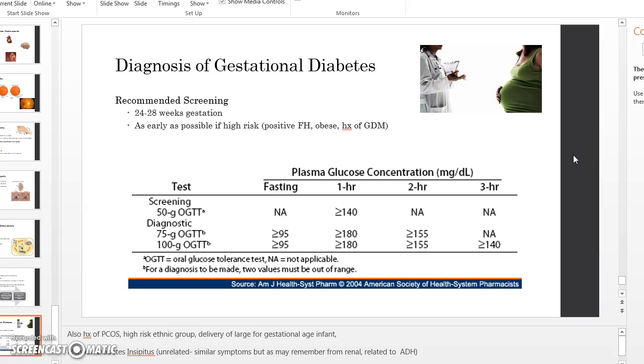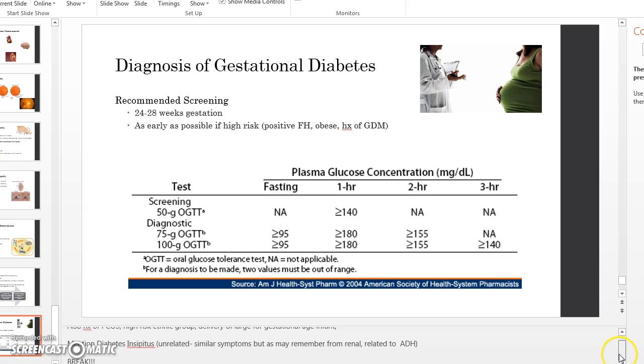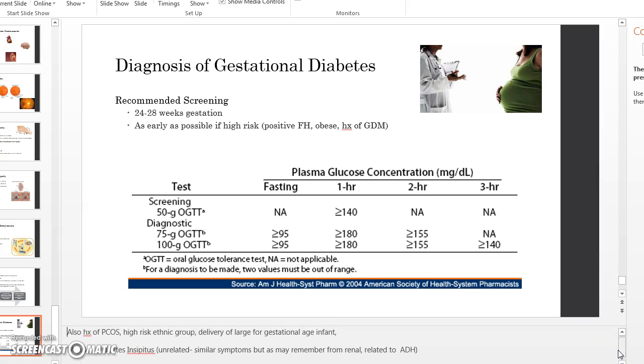We use the oral glucose tolerance test for diagnosis of diabetes. Other risk factors for screening include patients that have PCOS or belong to a high-risk ethnic group, or they had a previous infant that was large for gestational age. They also might be people that you may screen a little bit earlier.